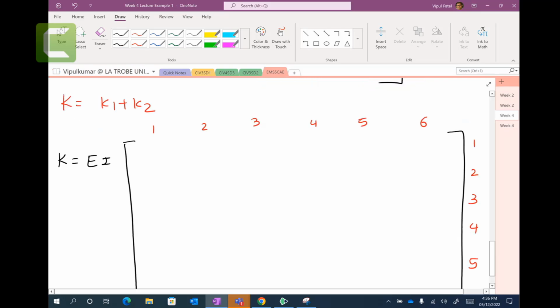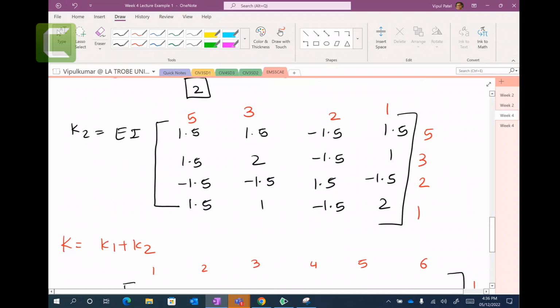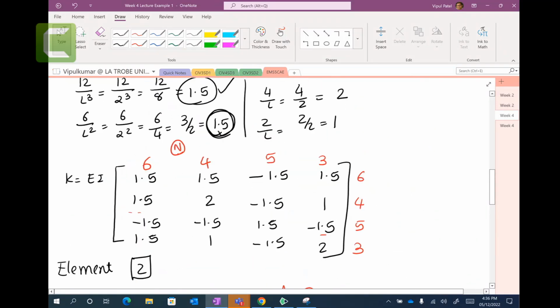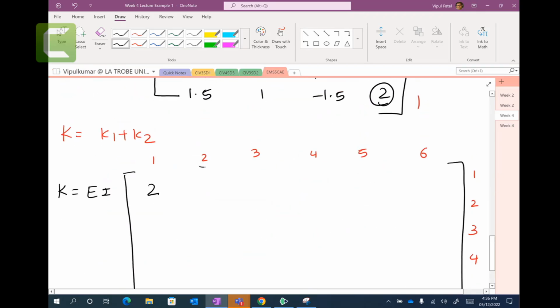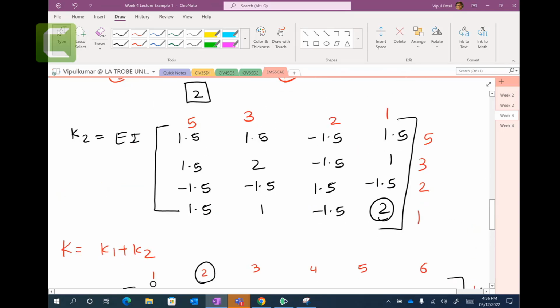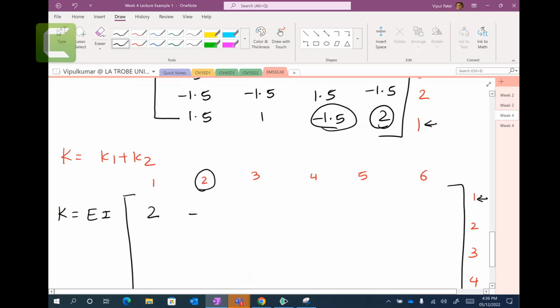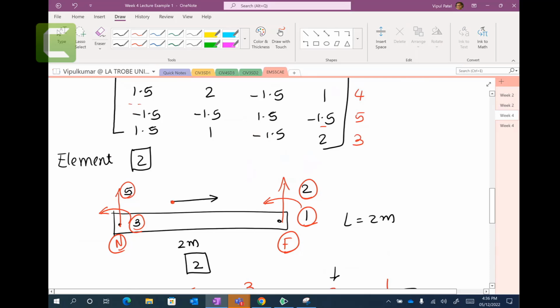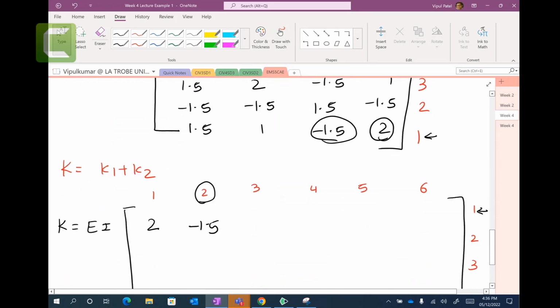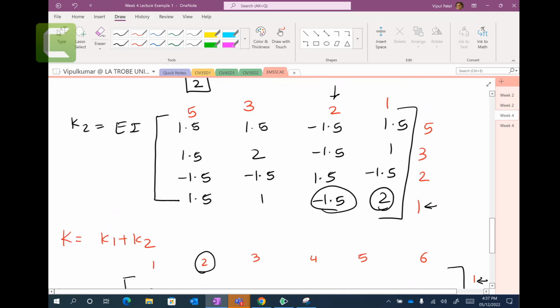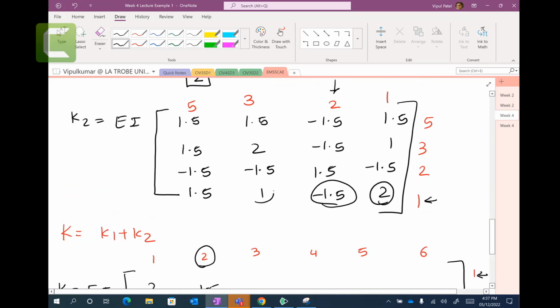Now 1 1, these numbers here that we're going to fill in. So 1 1 is 2 here. Is there a 1 1 here? There is no 1 1, so just 2. Column 2, row 1, minus 1.5. You with me? There is no other column 2, row 1, otherwise we would need to add them. Again, column 1, row 1, column 3 is 1.